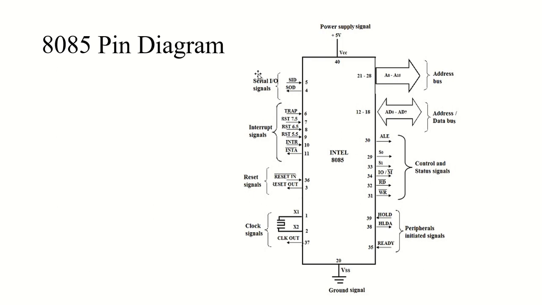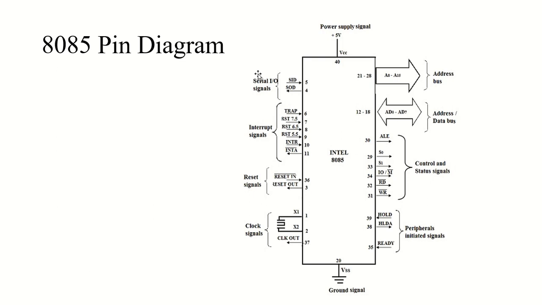Then we have the two reset signals, reset in and reset out. Reset in is an active low input reset signal. So when reset in is equal to 0, or whenever it is low, it clears the program counter to 0000 and makes the address, data and control lines tri-stated.